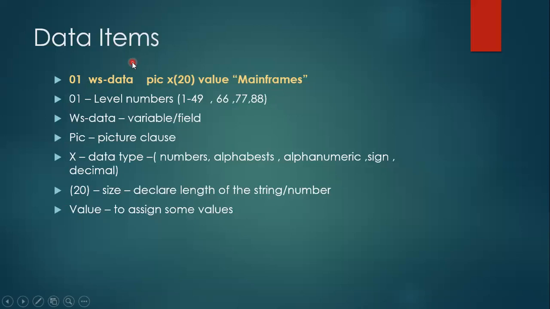In Java also, integer A, integer B, string A, string B, like that. But here it is not like that. 01 is the level number, then the variable name, and PIC is the picture clause. X denotes a varchar; you can store strings as well as numbers, and 20 bytes can be stored here. Then the value we are going to store.